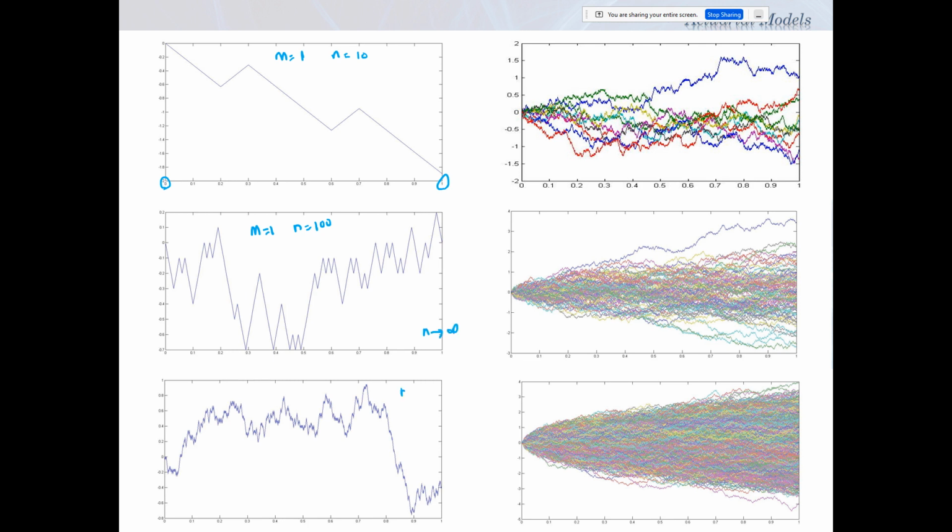For example, here we have m equal to 1, so only one trajectory, but n equal to 1,000 time steps. So we start seeing the evolution of the random walk as quasi continuous. And here we still keep n equal to 1,000, but we are taking 10 trajectories. So 10 simulations.